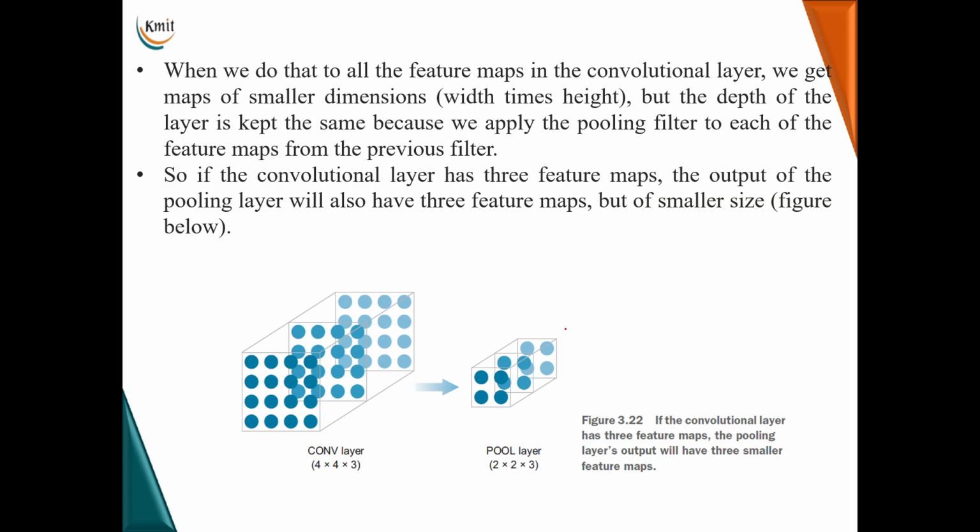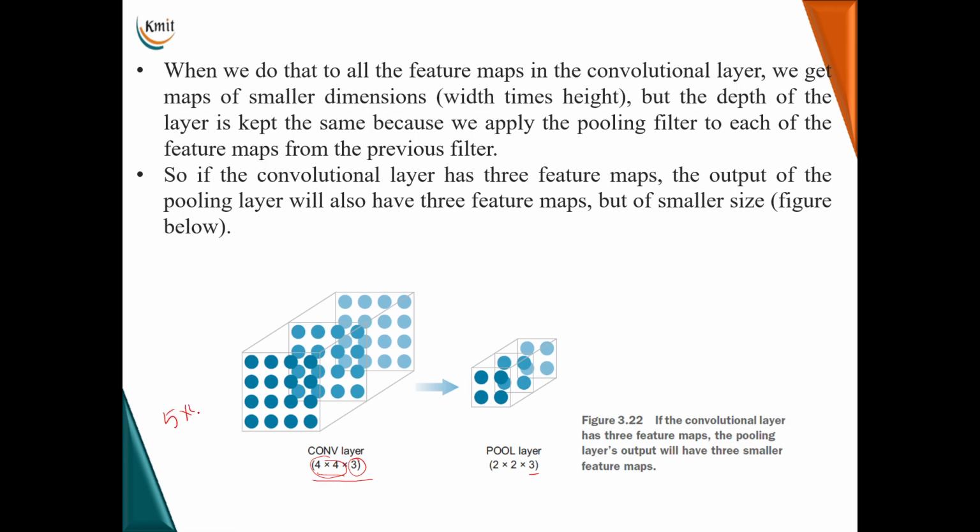And the point you need to remember here is that the size of the image reduces, but the number of layers will remain as it is when we perform convolution. You can see here in the diagram, I have a convolutional layer of size 4 by 4 by 3. That means I have 3 convolutional layers, each of size 4 by 4. And how did I get this 4 by 4 size?